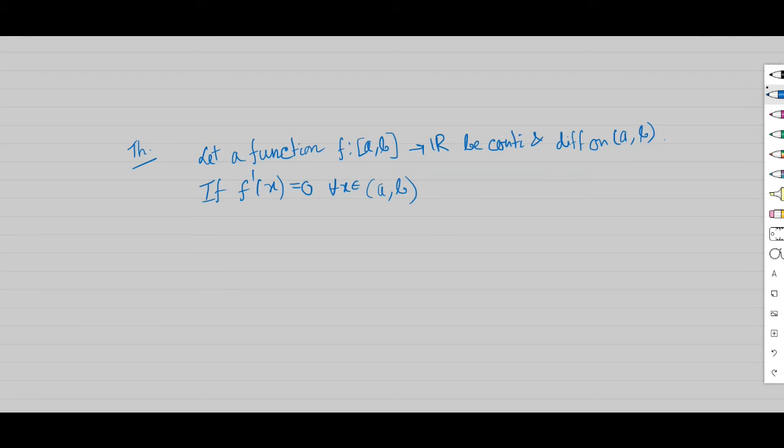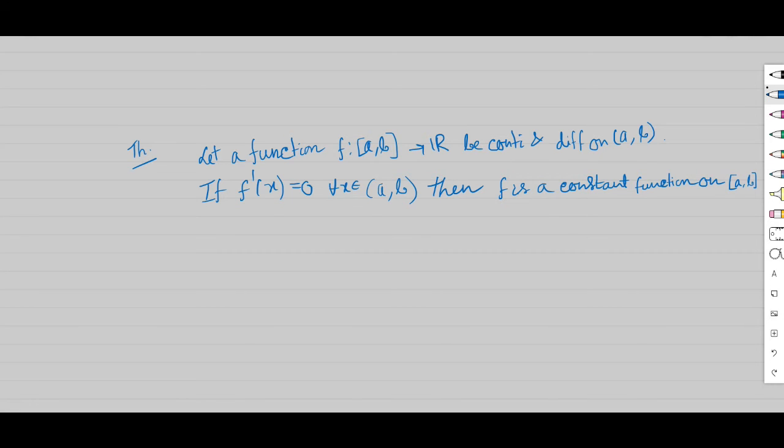Then f is a constant function on (a, b).